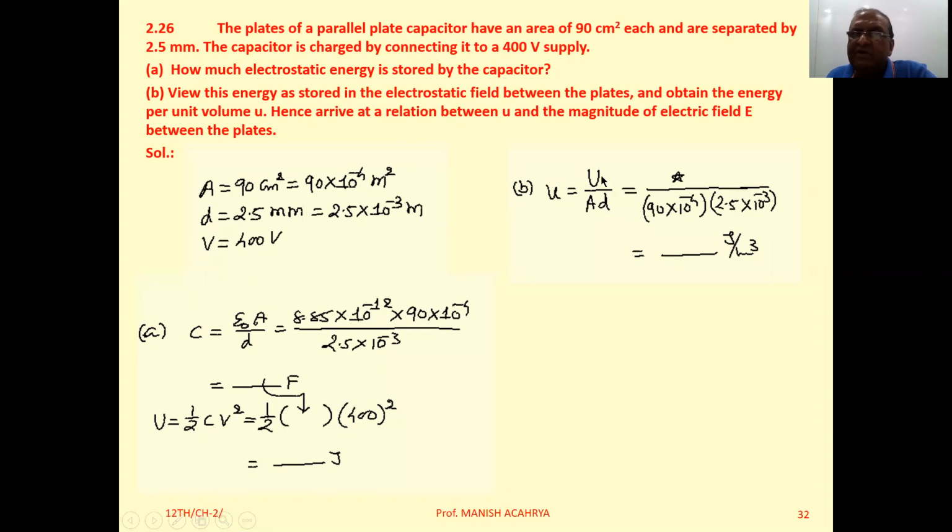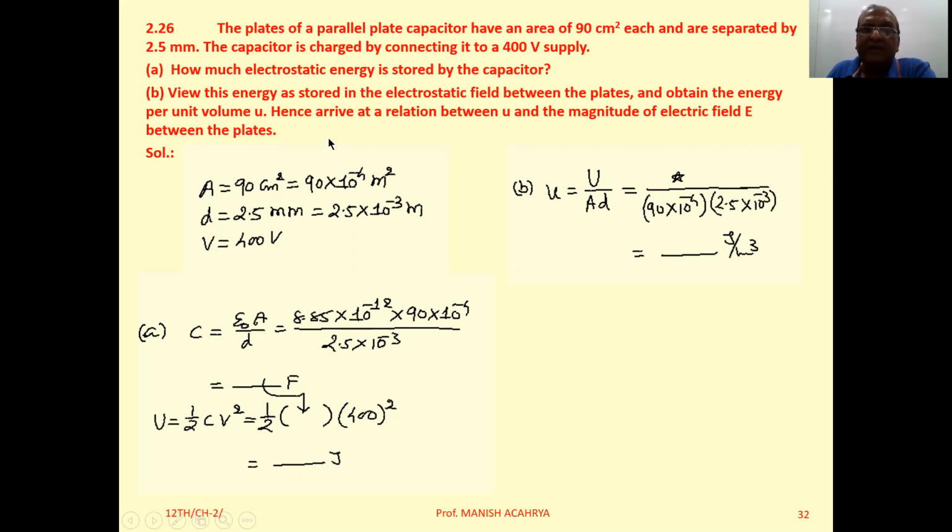Now substitute the value of energy which we calculated in this equation. Area for the plates is 90 into 10 raised to minus 4, and the separation between the plates is 2.5 into 10 raised to minus 3. Solve this one, you will get energy density.